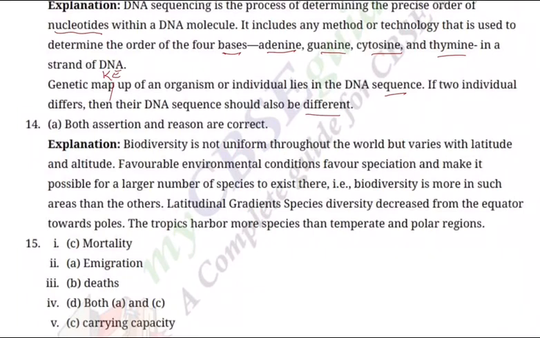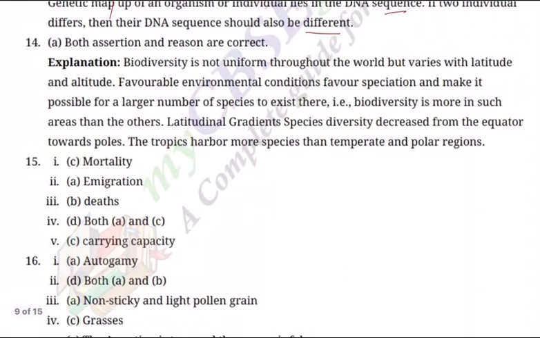Favorable environmental conditions favor speciation and make it possible for a larger number of species to exist there. Biodiversity is more in such areas than the others. In the latitudinal gradient, species diversity decreases from the equator towards the poles. The tropics harbor more species than temperate and polar regions.